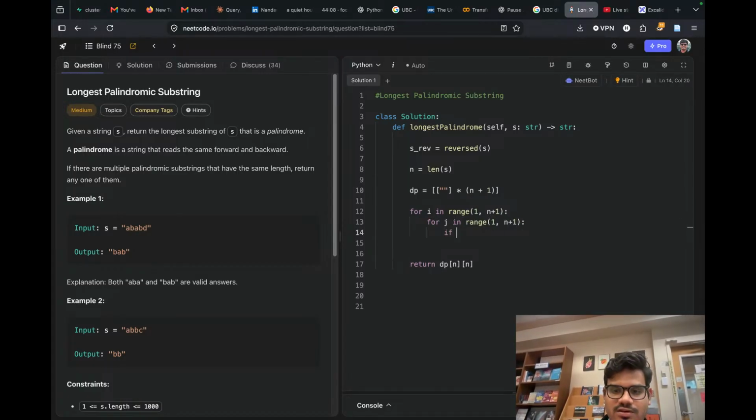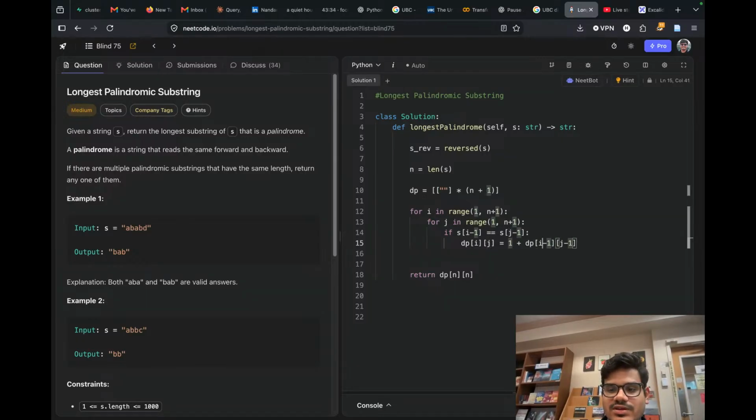Okay, if s of i minus 1 is equal to s of j minus 1, meaning that if both the characters are the same, then dp of ij would be equal to 1 plus dp of i minus 1 j minus 1.